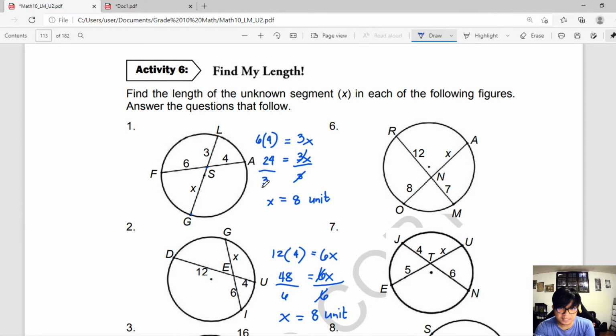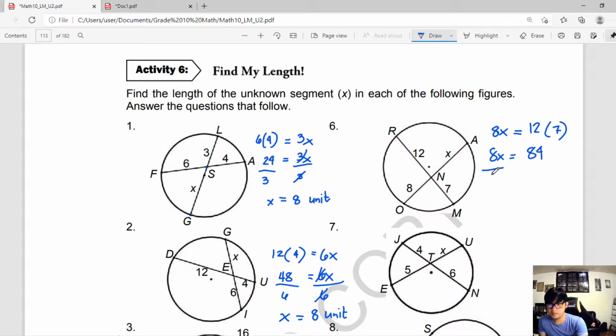Number 6 is the same. Two chords meet inside the circle, they intersect. So 8 times x is equal to 12 times 7. 12 times 7 is 84.